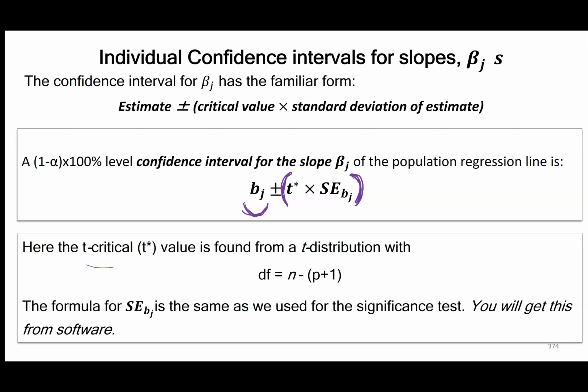Note that the degrees of freedom for the t star critical value are the same as your degrees of freedom error, or your denominator degrees of freedom. They're the same thing, same as in the last one. We can give you the formula for the standard error, but it's going to be gnarly. We're never going to expect you to calculate it by hand. We will give it to you in the output.